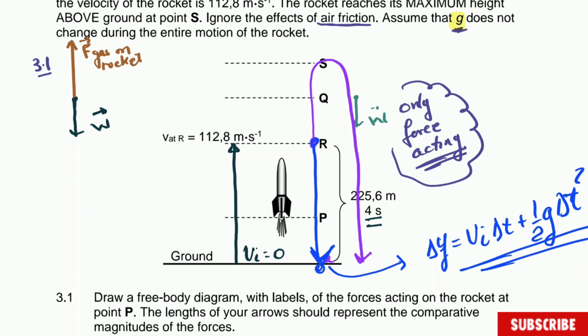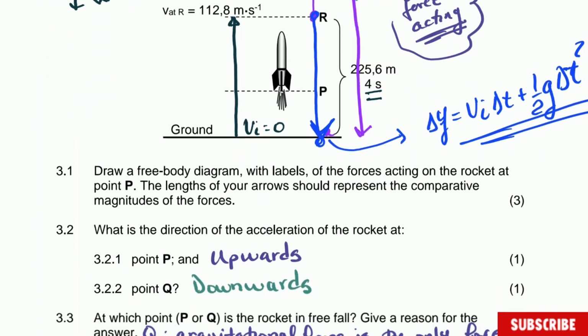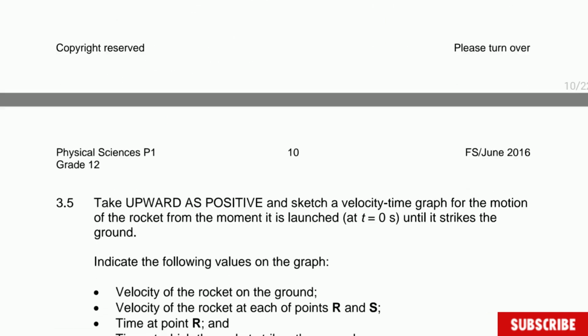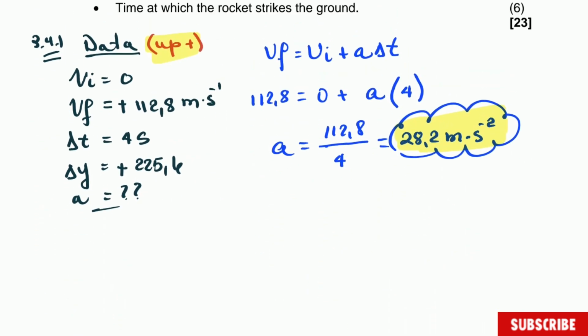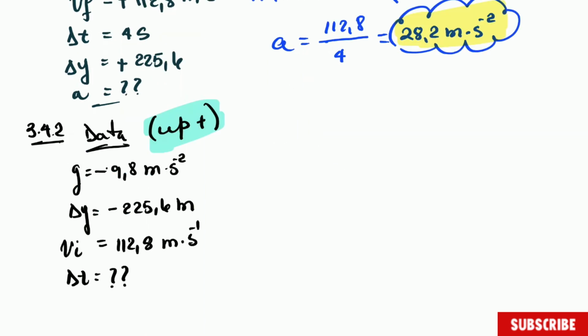Other people may calculate time to go up and time to go down, but we are going to use only one formula there. We have more or less the same data. The only difference is that now we have acceleration due to gravity because it's a free fall. For the total time, we'll then have to add the 4 seconds. Okay guys, so here is the data for this part of the question.